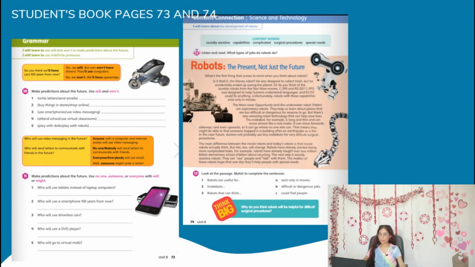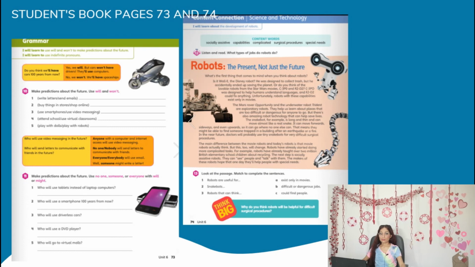The SnakeBot, for example, is long and thin and can move almost like a real snake. It can move forwards, sideways, and even upwards, so it can go where no one else can. That means they might be able to find someone trapped in a building after an earthquake or a fire. In the near future, doctors will probably use tiny snake bots for very difficult surgical procedures.